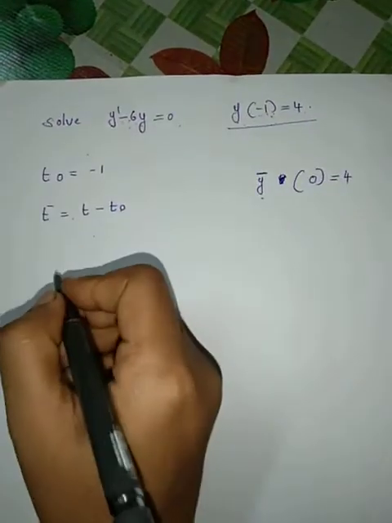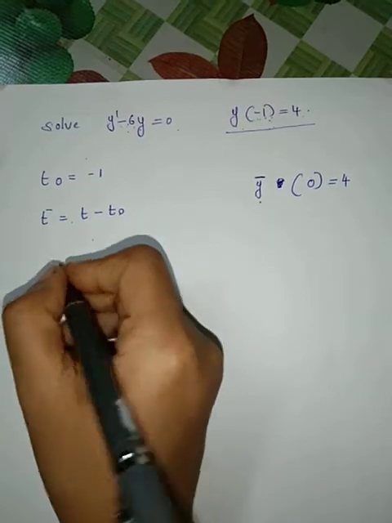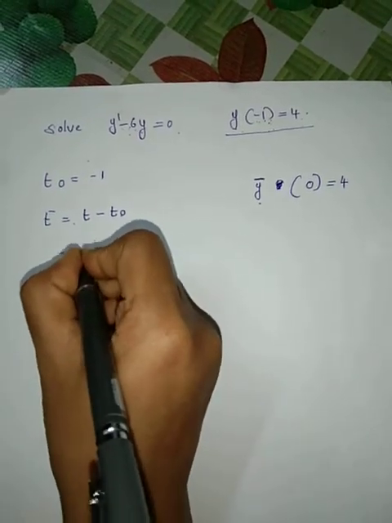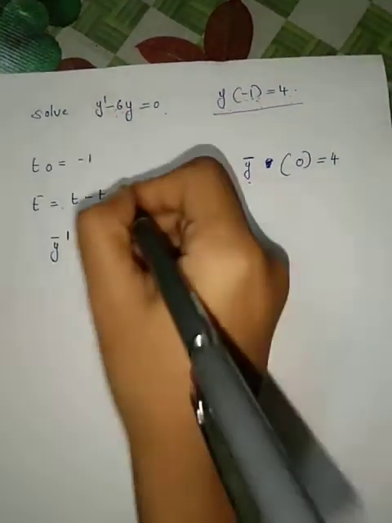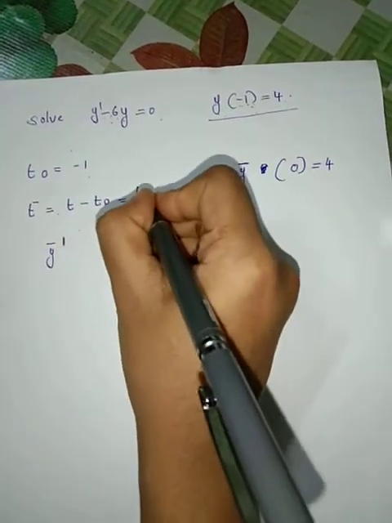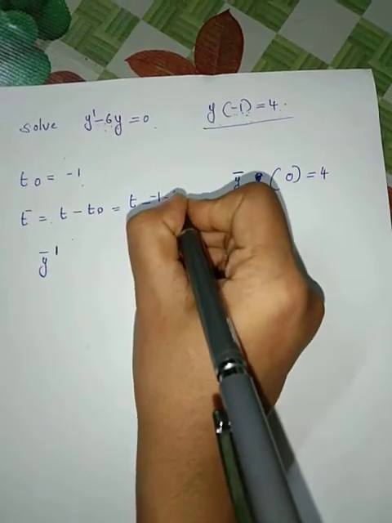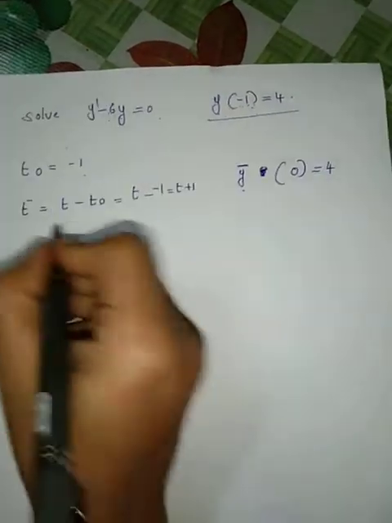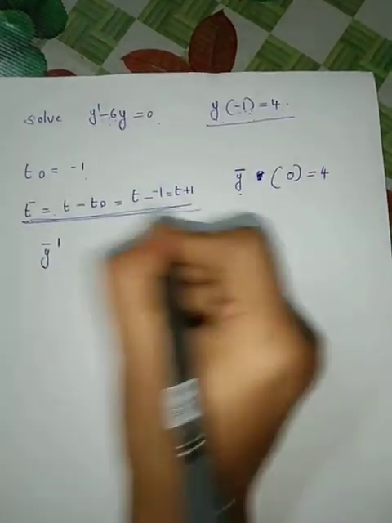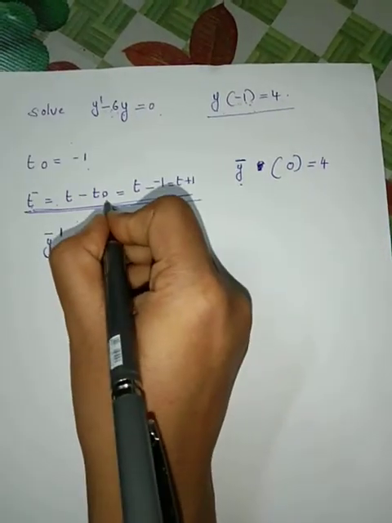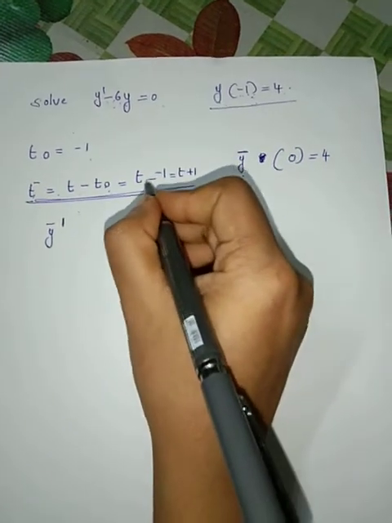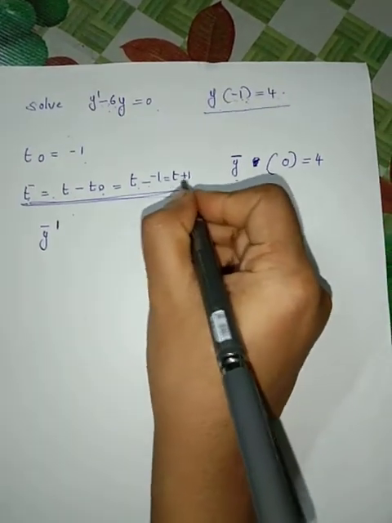Therefore, the above equation y dash becomes y bar dash. Here t naught is minus 1, so t bar is equal to t minus t naught, that is t minus minus 1, equal to t plus 1.